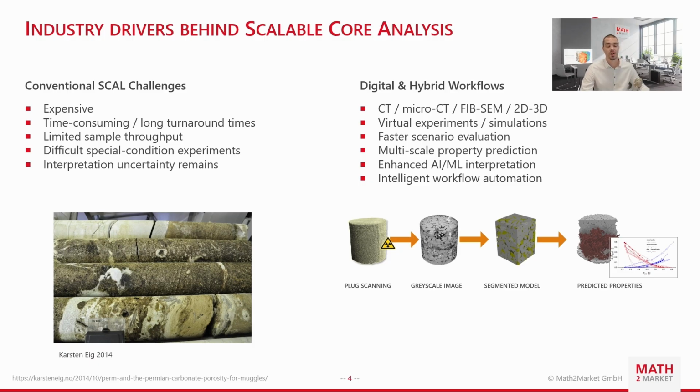Furthermore, the multiscale imaging of rock samples also enables multiscale property prediction, which fits well in the overall upscaling towards reservoir scale. And due to the fact that the results take much less time, you can have a much larger throughput, or number of samples you analyze, which in the end builds quite well into different machine learning or AI interpretation and regression models.